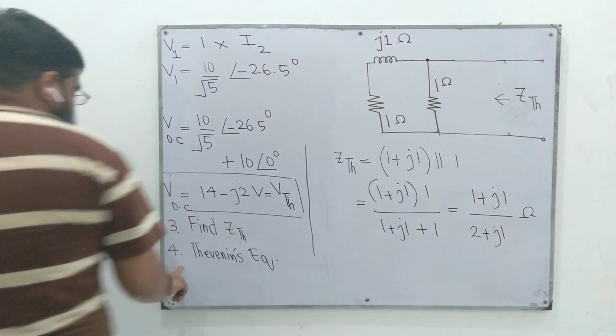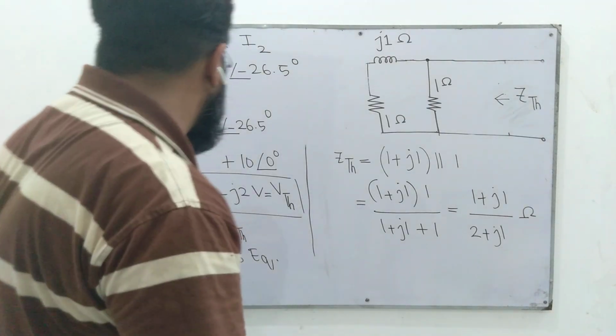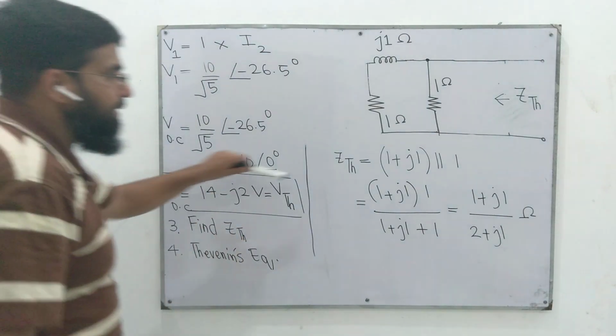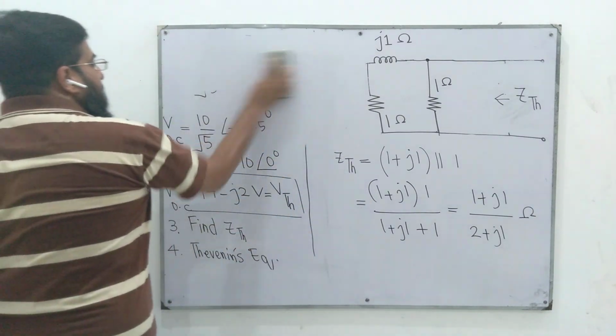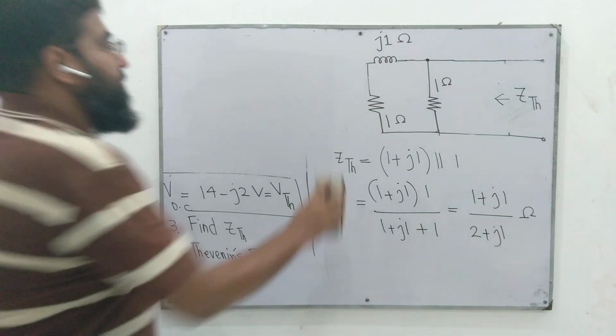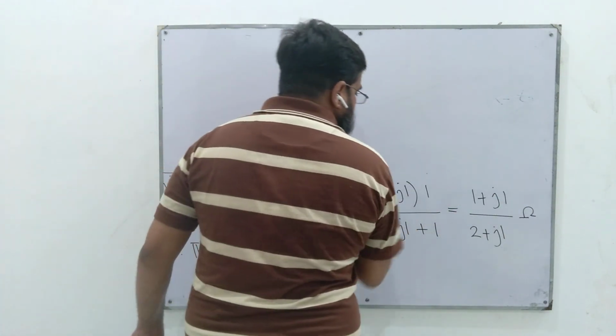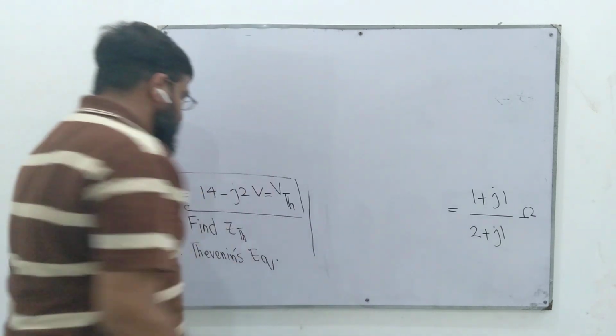So now we are ready to perform step number 4, drawing Thevenin's equivalent, because we have computed VOC or Thevenin, and we have also computed Z Thevenin.